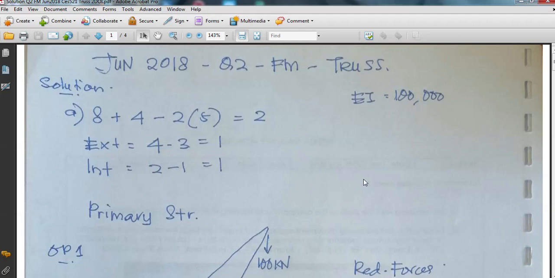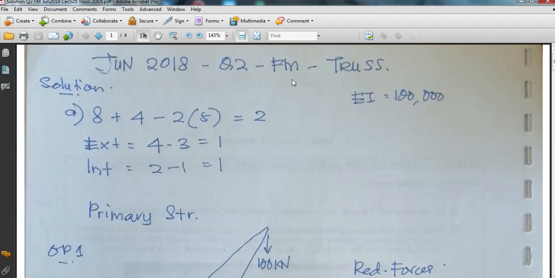Week number 4, we will learn about how to analyze indeterminate truss using the flexibility method. In the previous video, I explained the introduction about how to analyze truss structure using the flexibility method, and we discussed one example with one DOI.